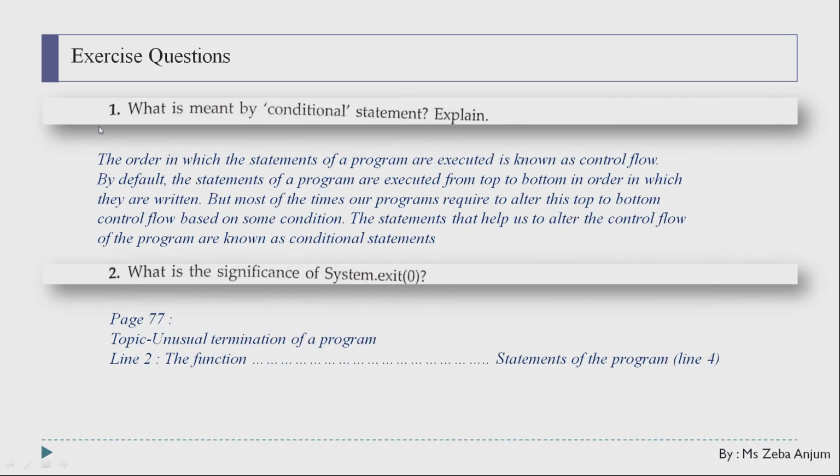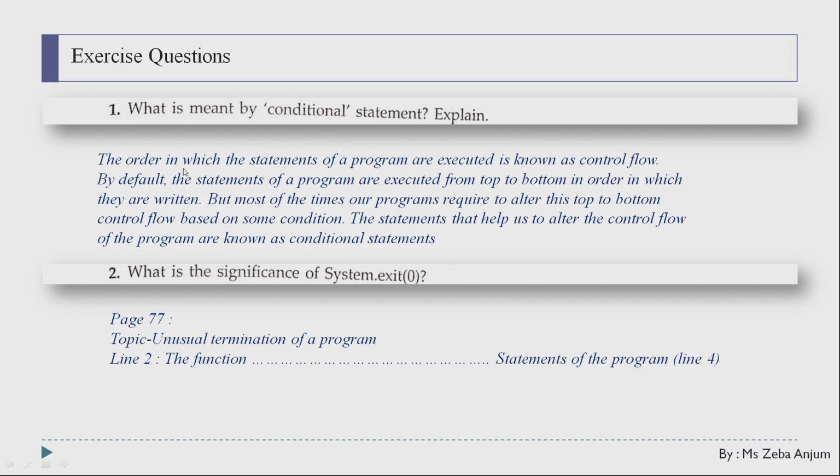So see over here, the first question: what is meant by conditional statements? Explain. You have learned about all the if constructs. All the if constructs basically provide you a condition on which flow you have to go in. Either you have to go in your yes block or you have to go in your false block. So there is a condition according to which you execute your statements.